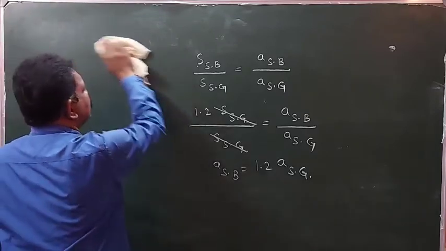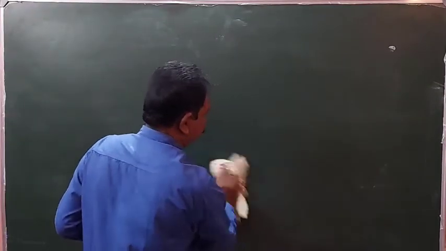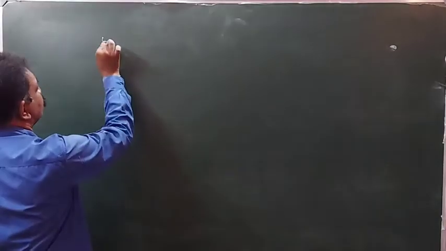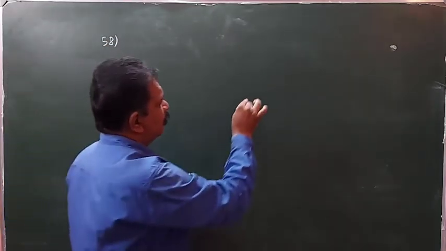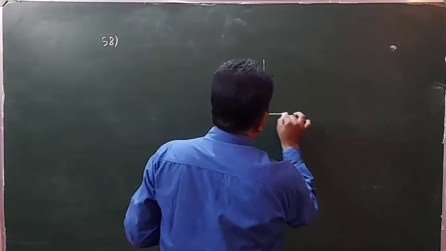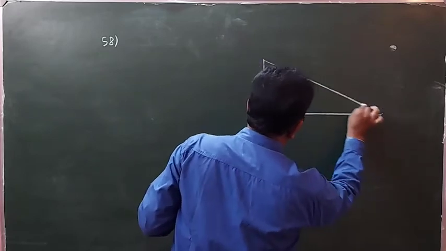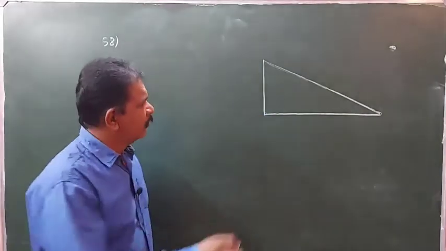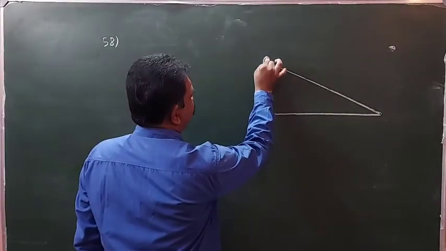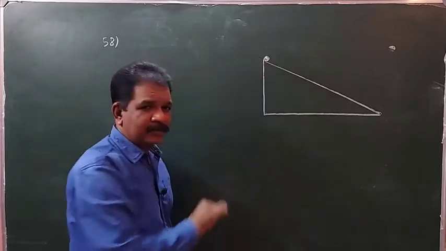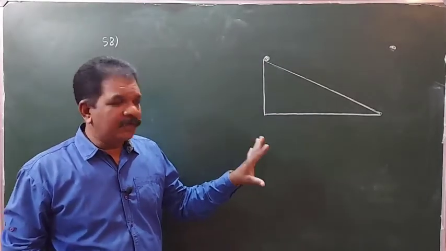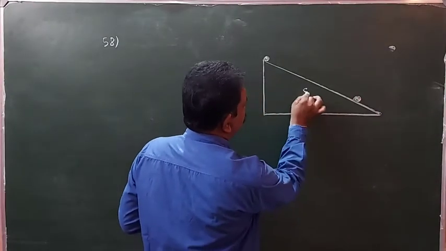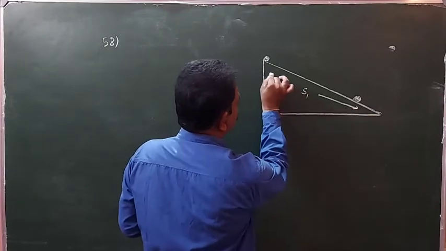So what they are asking, see, one hill is there like this, down the hill. One person started from here, at rest. He traveled for 6 seconds and came to here. Let it be S1.